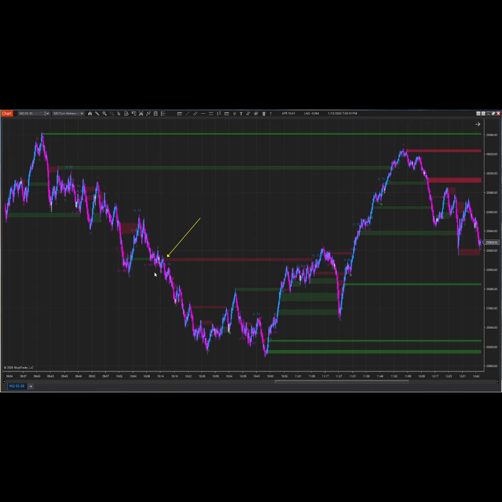Now, those two are the typical ones you're going to see. You have green pushing up, green pushing up, green pushing up, red pushing down, red pushing down, and so on. Now you have two other ones that are not typical.